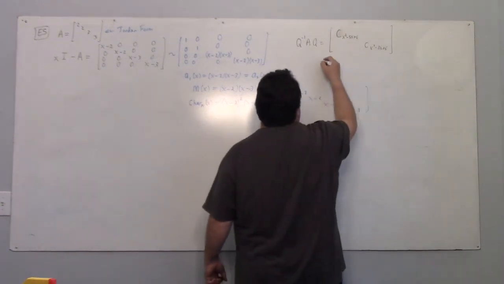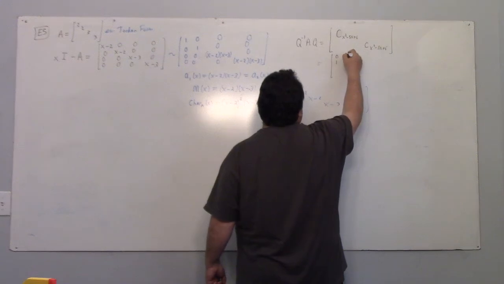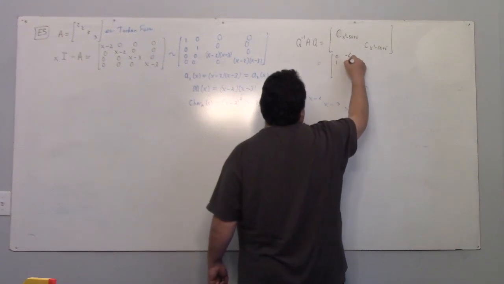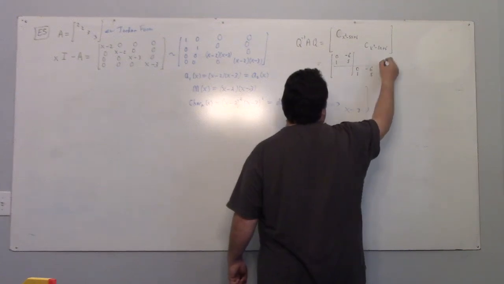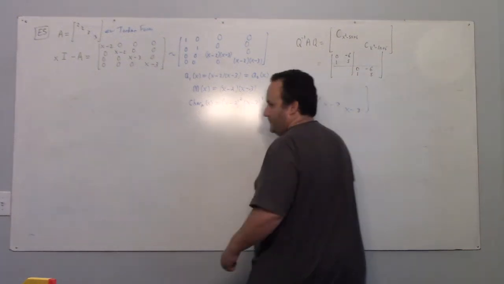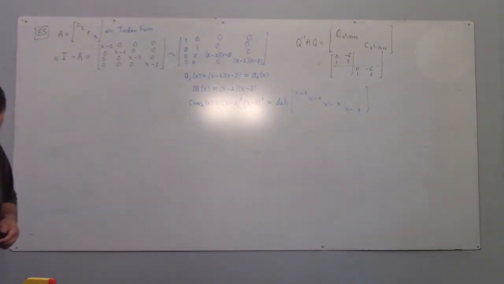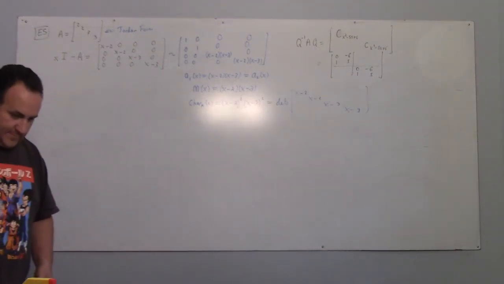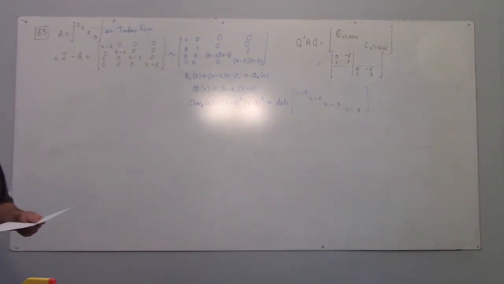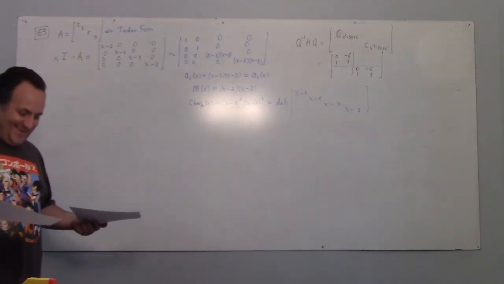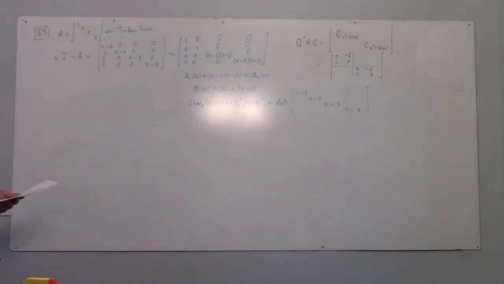It's a block decomposition, so that's like 0, 1, minus 6, 5, and 0, 1, minus 6, 5, like that.